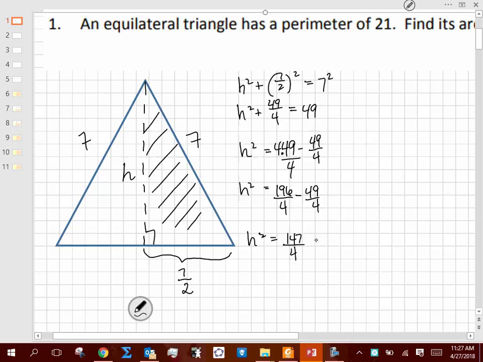I'm then going to take the square root, so that provides h to equal radical 147 over radical 4, which radical 4 is what? 2. Now, radical 147, what number is going to divide 147? 7.